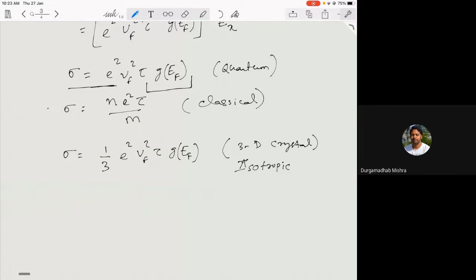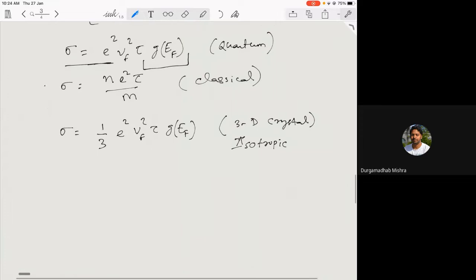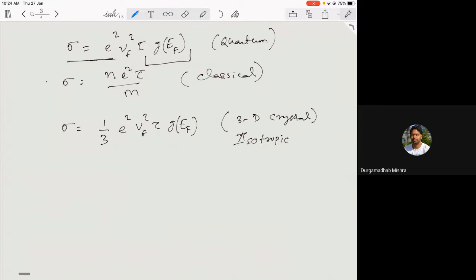If it is anisotropic, this value can be different depending on in which direction I am applying the current and measuring the voltage. Okay, so there will be a directional dependence of the material properties. This can be true for any material property.